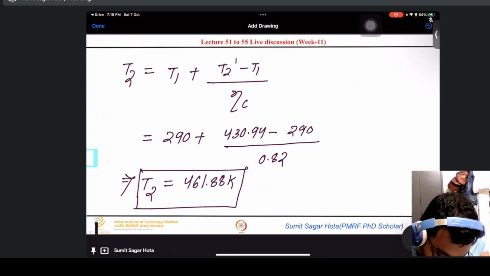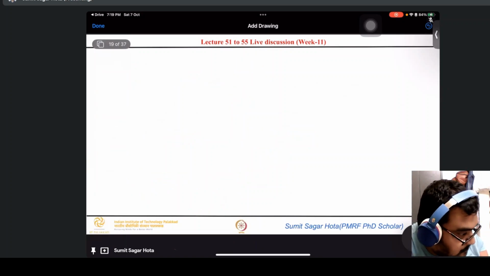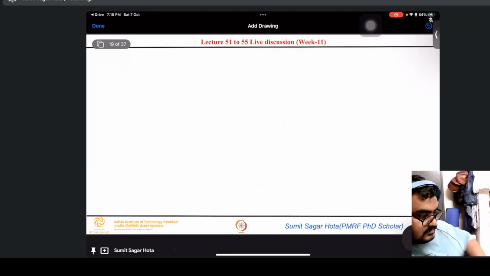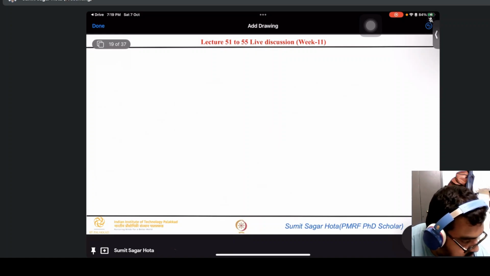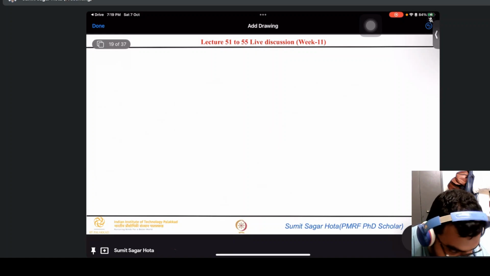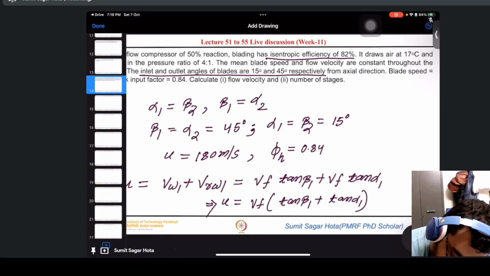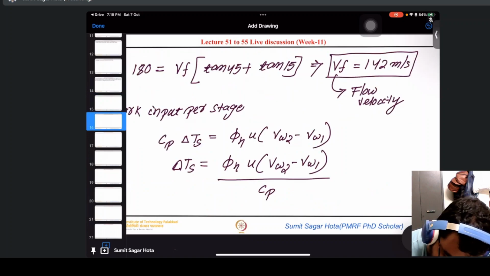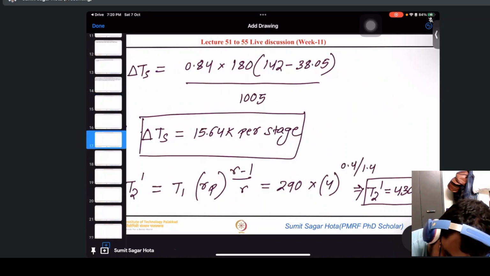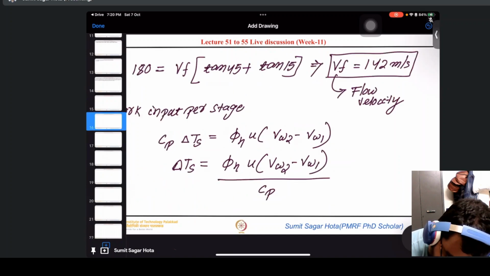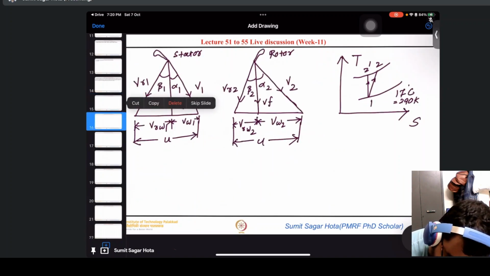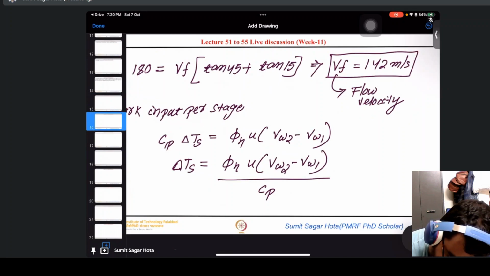Okay, next question. Now the total change in temperature across the compressor. What is the question asked? It is the flow velocity and number of stages. The flow velocity, whatever is there, we found out. Now we are in a way to find out what Vf will be your flow velocity.